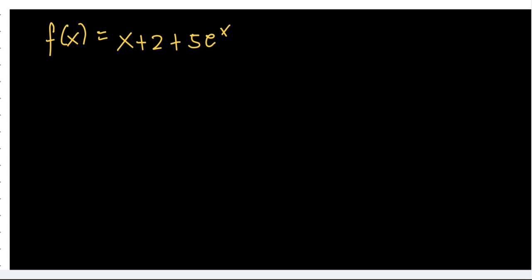So to determine the tangent line, when we say tangent line, the one that touches the graph. Let me graph this one. The graph of the function f of x equals x plus 2 plus 5 e to the x looks like this.